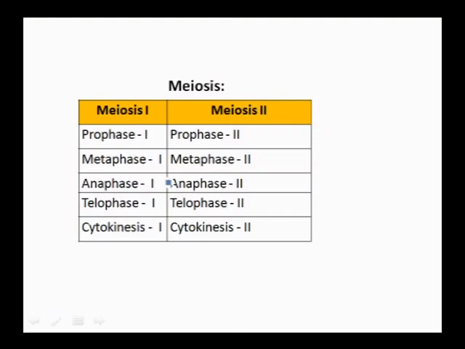That means after completing meiosis 1, a cell may or may not divide. In that case, it will divide into 4 daughter cells all at once at the end of cytokinesis 2. Meiosis II is also further classified into prophase II, metaphase II, anaphase II and telophase II, and ultimately the parent cell will divide into 4 daughter cells at the end of cytokinesis II.